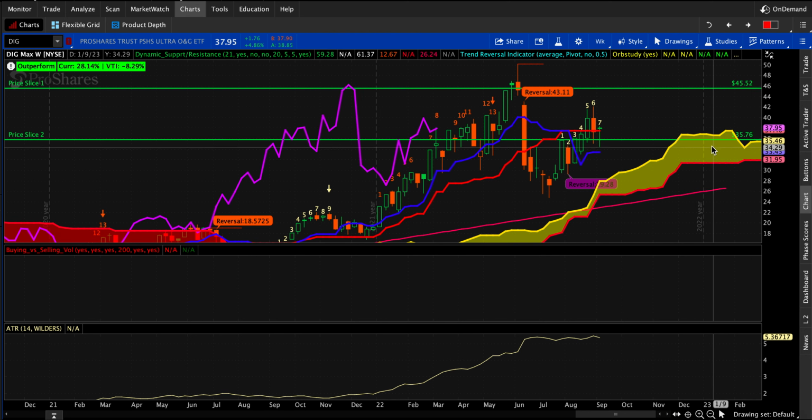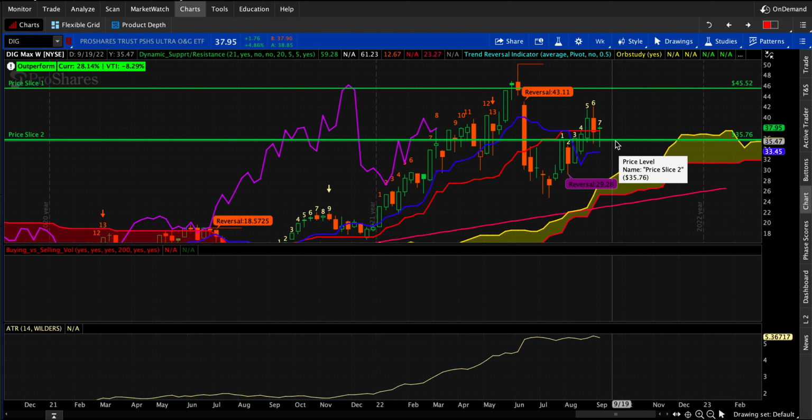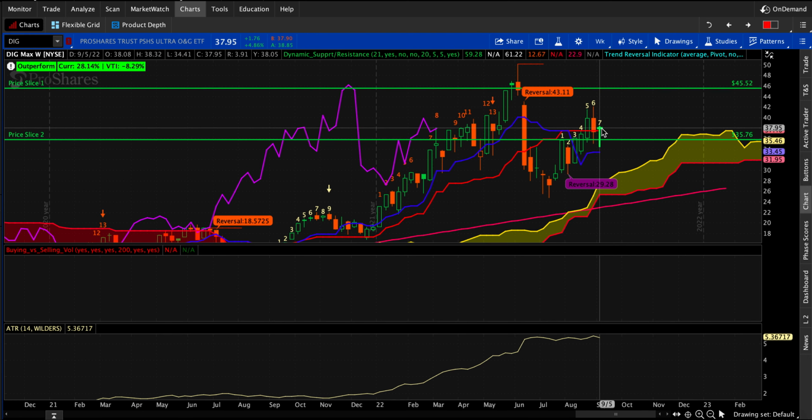As you can see here, just looking at support and resistance lines, this is where the price is. The price is right now at 37.95.